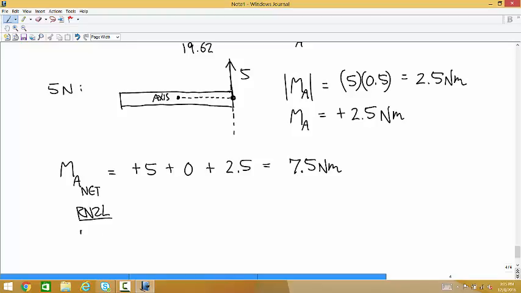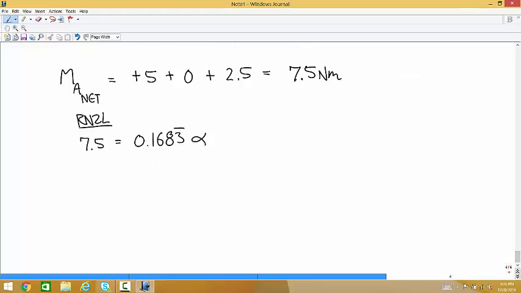The net moment, 7.5, is equal to the moment of inertia, 0.1683 repeating, times alpha. Solve for alpha, and you get 44.55 radians per second squared.